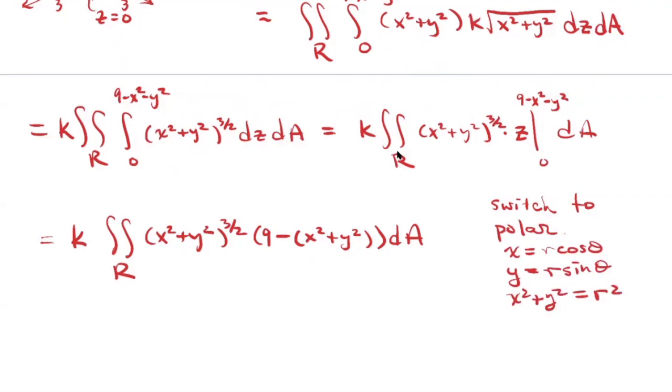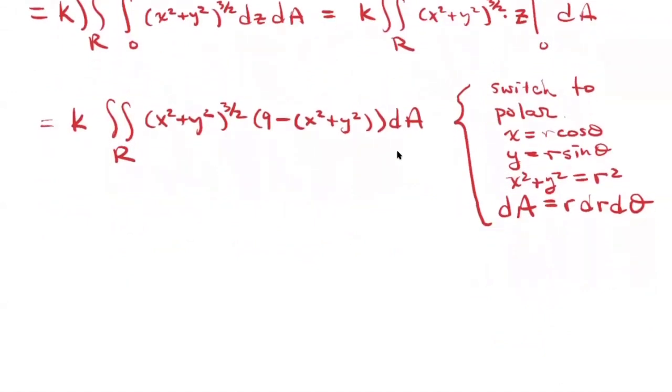But don't forget the real trick is that dA is r dr d theta. Any questions? Then we'll have to put limits on this, but that shouldn't be too hard. It's just a circle of radius 3 that we're integrating over.